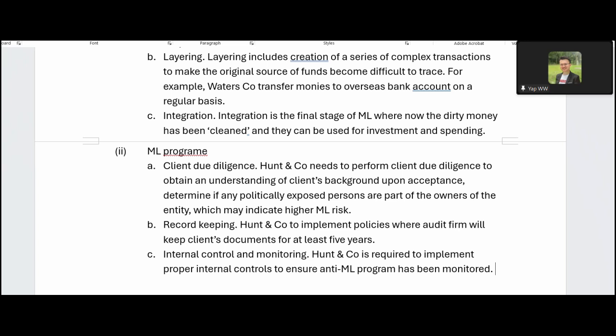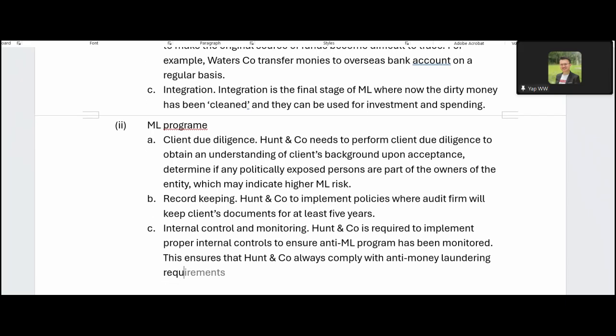Okay, this is to ensure they always comply with anti-money laundering requirements. Now you can use your own terms to explain. Nothing is wrong if you use your own words, so long as the points are all correct, the points are all making sense. So CRIM, M is MLRO.